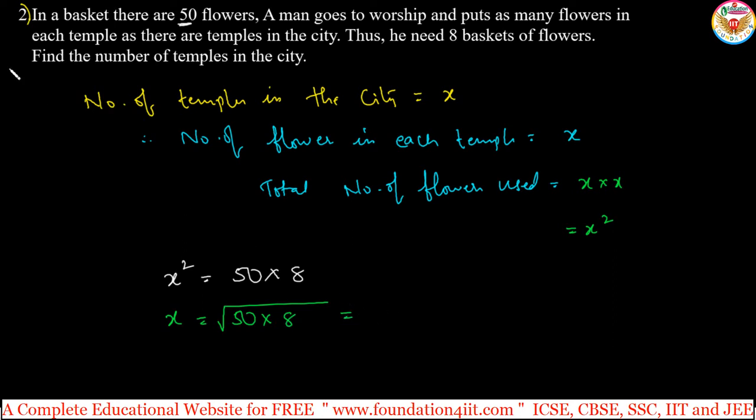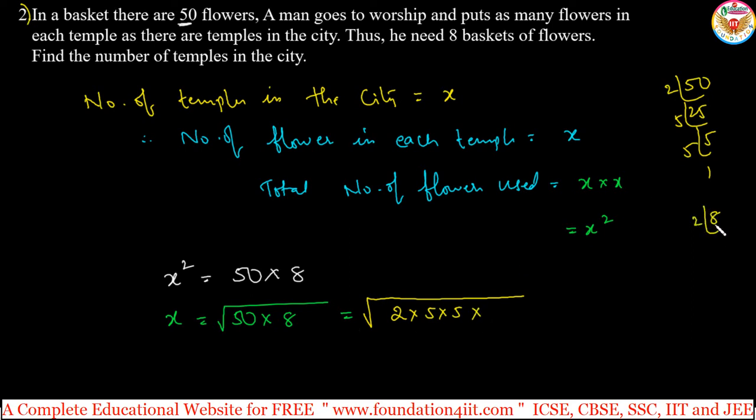We can write 50 into 8 as a product of prime factors. 50 we can make separately: 2 into 25, again 5 fives are 25. So 50 is 2 into 5 into 5, into, again, in the place of 8, we can write 2 fours are 8, 2 twos are 4, 2 ones are 2. So for this, 2 into 2 into 2. Now every pair we can take one.